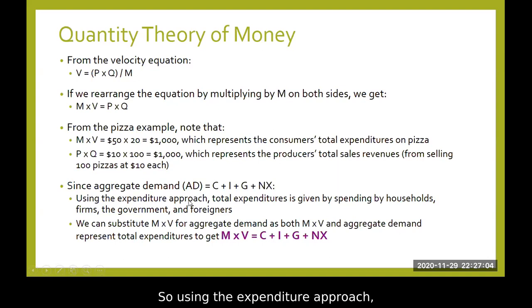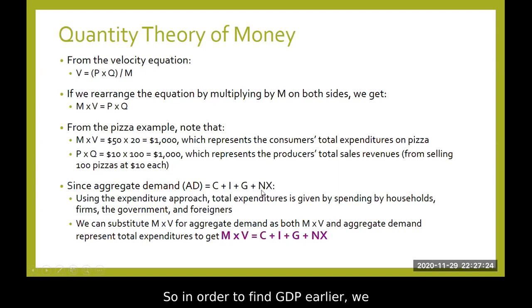Using the expenditure approach, total expenditures is given by the spending by households, which is consumption, spending by firms, which is investment, spending by the government, which is G, and spending by foreigners, which is net exports.